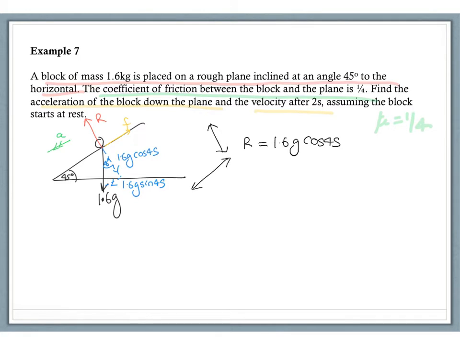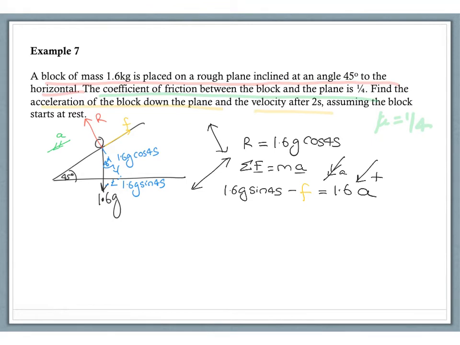Parallel to the plane, we're going to apply the resultant force equals the mass multiplied by the acceleration, and we're going to take down as positive. This means that we have 1.6g sine 45 down the plane, take away F, which is up the plane, and that must be equal to the mass of the object, which is 1.6, multiplied by the acceleration, which we are trying to find.